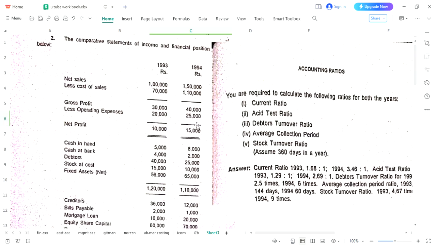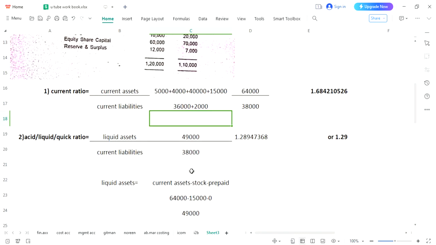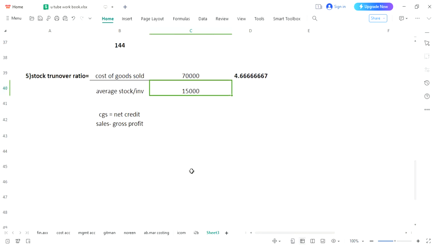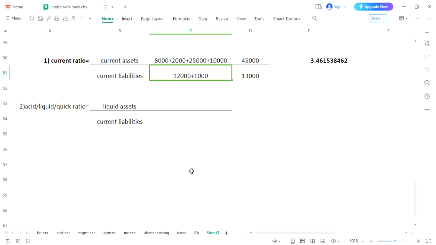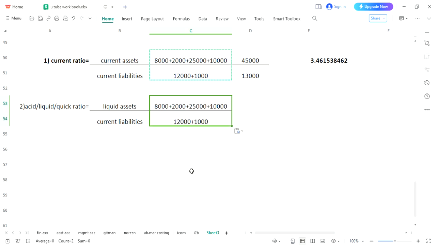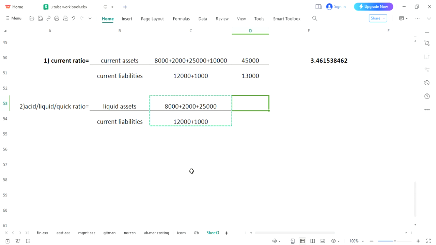So we will only subtract this stock, that is 10,000. Just write down everything which is written above over here, and we will just remove stock which was 10,000. Since prepaid is not present and we have already understood it, let's save some time.